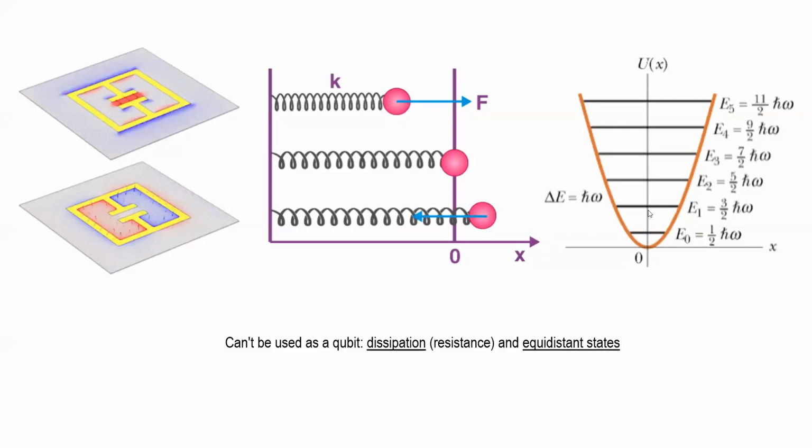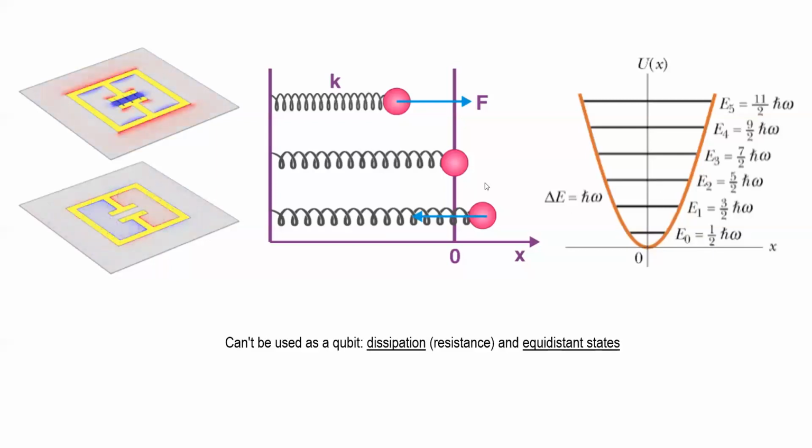This is first. And second, we don't like these equidistant states. So what we would like to have is, having one photon would cause our system to transit from the 0 state to the state 1. But then if I try to add another photon, in this case, it would cause transition to the third state, upper.